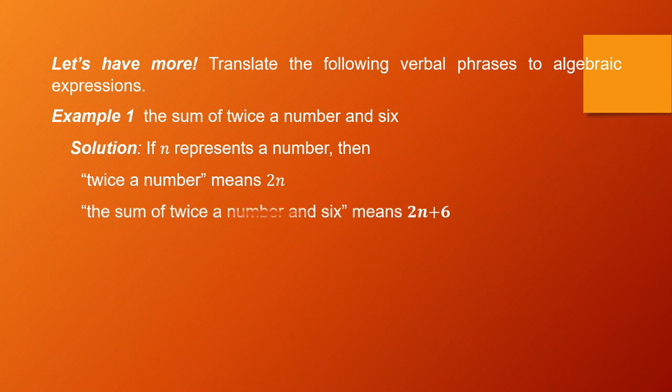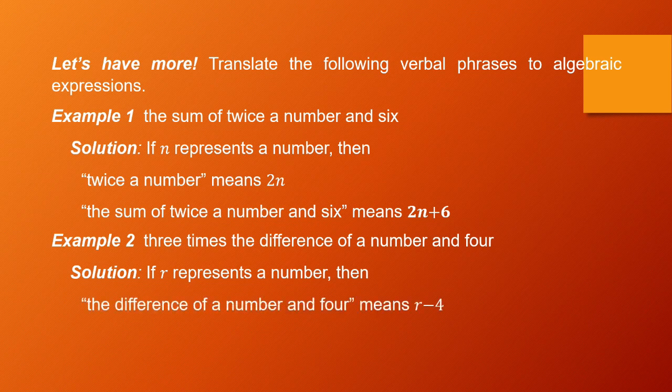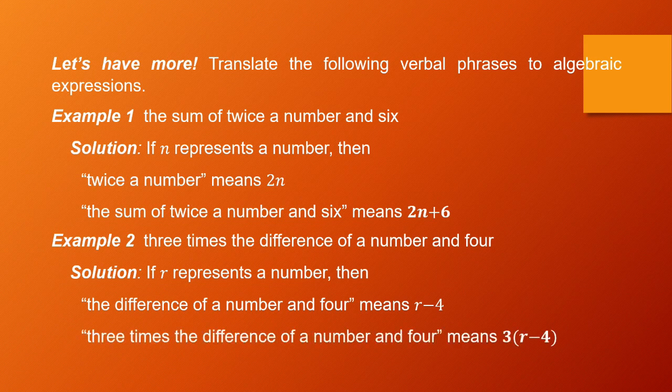For example number 2, 3 times the difference of a number and 4. If r represents a number, then the difference of a number and 4 means r minus 4. 3 times the difference of a number and 4 means 3 times r minus 4.